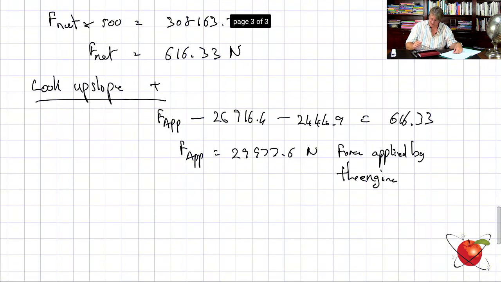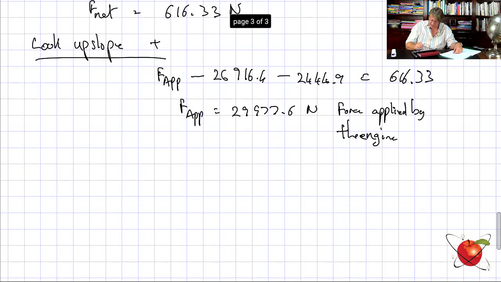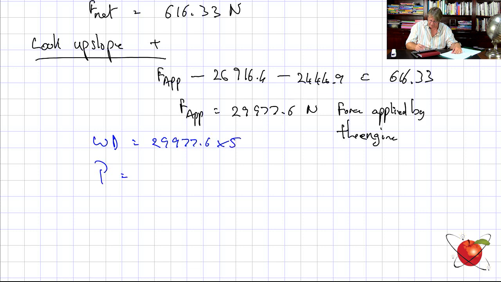All right. Therefore, we go through the same process to work out time as we did before. Therefore, the power of the engine is going to be equal to the work done by the engine, which is 29,977.6 multiplied by 500, which is going to be equal to 14,988,815 joules.